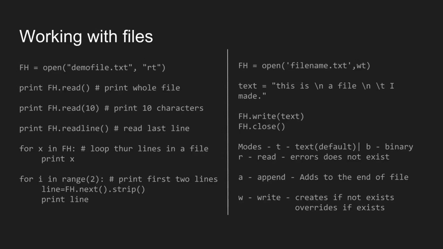I'm thinking readline reads the next line of the file, right? And then if you want to loop through the file, for x in FH, this loops through the lines from the top to the bottom of the file.